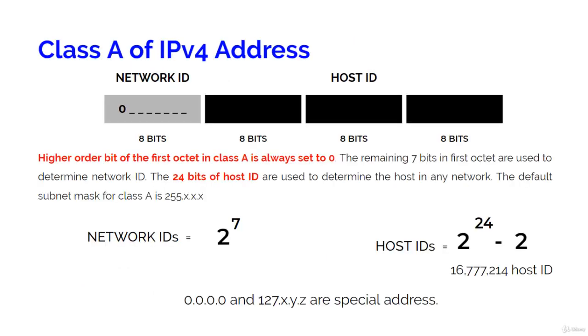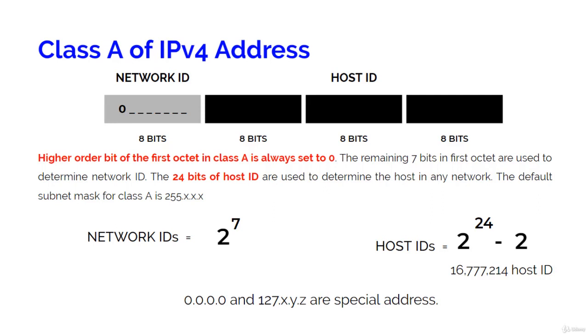Now let us move on to the first class, which is class A. IP addresses belonging to class A are assigned to the networks that contain a large number of hosts. The network ID is 8 bits long, whereas the host ID is 24 bits long.